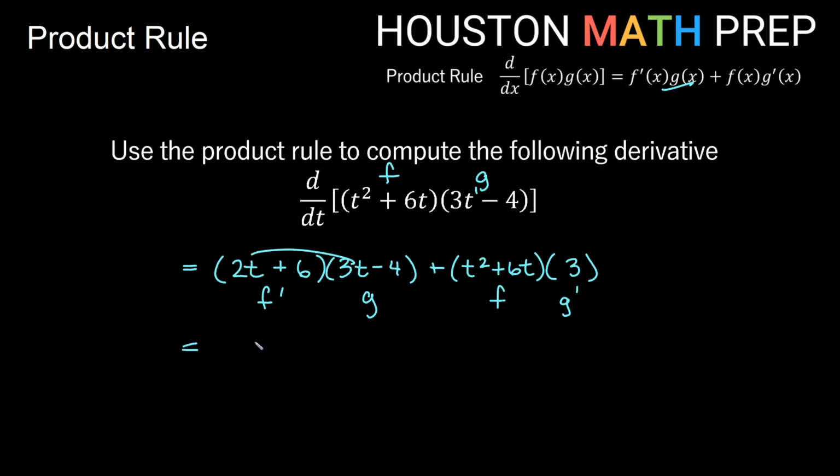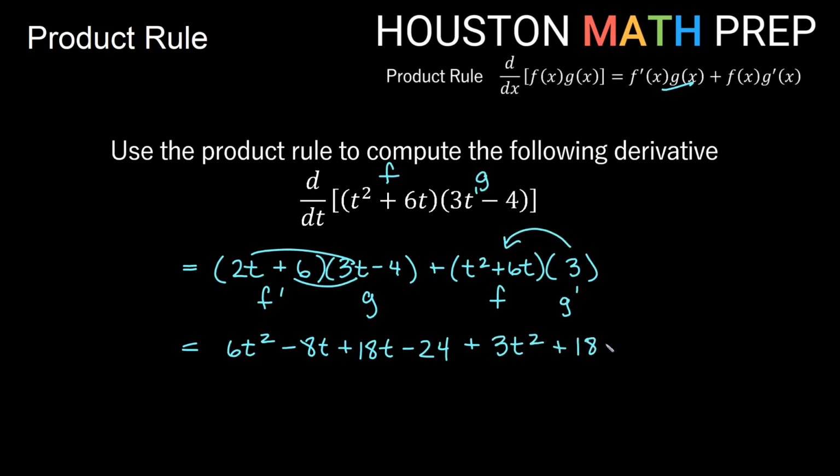So 2t, we would get 6t squared minus 8t. Distributing the 6, we would get plus 18t minus 24. Plus, now what we have here, distributing the 3 this way, so we'd get 3t squared there, plus 18t.